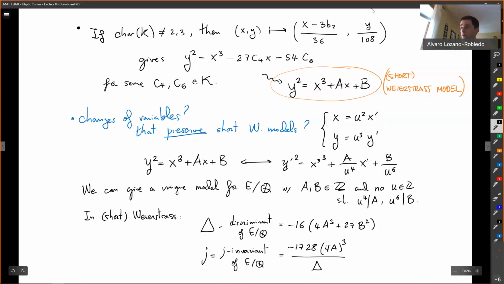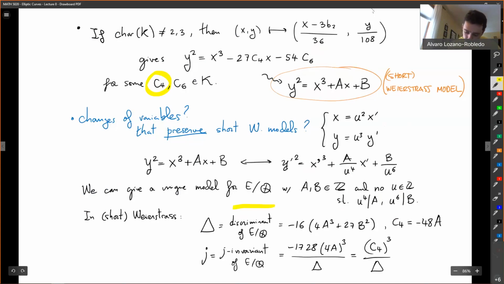That's a strange way to write a quantity, but that is because the 1728 has a special meaning in all of this. So actually, this c4 over here has a formula also that is minus 48a, and then j is actually c4 cubed divided by delta. So that's perhaps a better way to write the j-invariant.